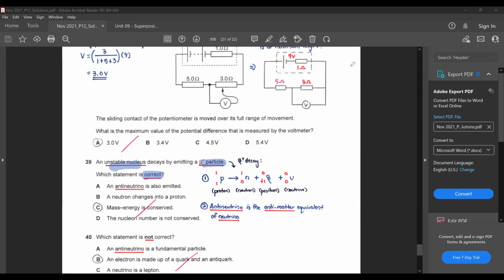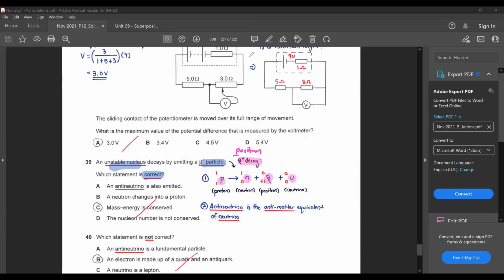So the only way to do this is to remember the process for beta plus decay, where if you're talking about beta plus is positron. It starts with P, so I know it's proton, decay to neutron, giving me my positron and neutrino. Okay, so which statement is correct?